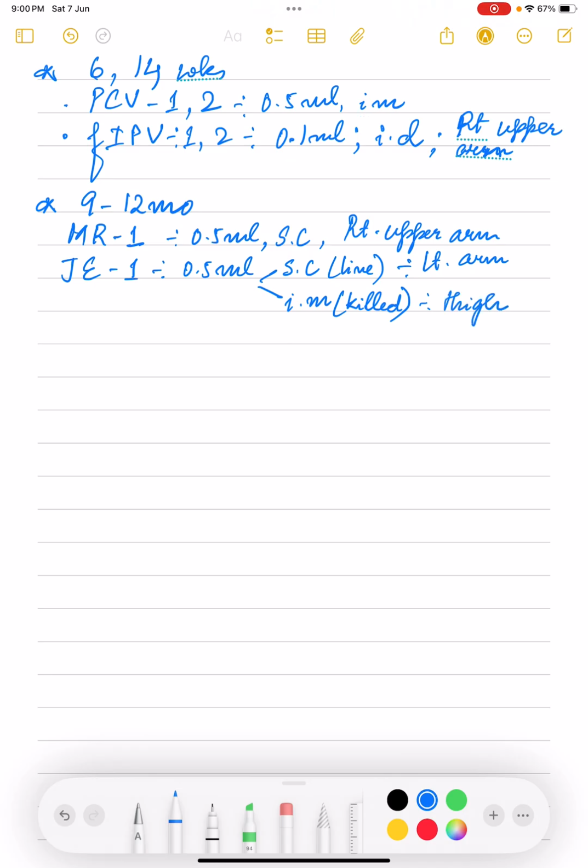Now here we have another, not vaccine, but oral vitamin A supplementation starts. So vitamin A is given 1 ml, which contains 1 lakh international units. Now the first dose is 1 ml.